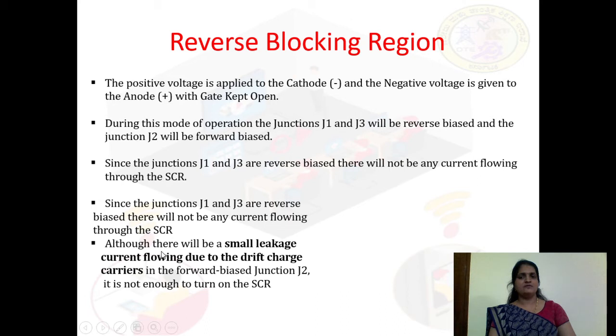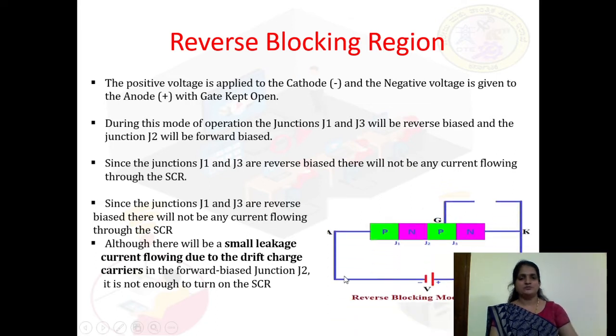There will be a very small leakage current, which is due to the drift of charge carriers in the forward biased junction J2, but this is not enough to turn on the SCR.